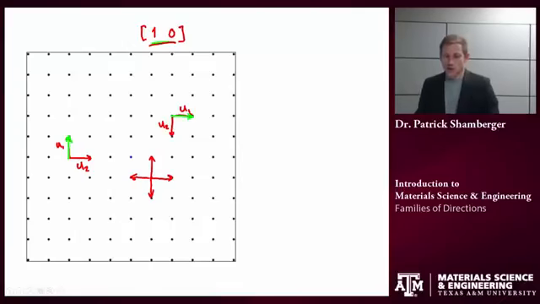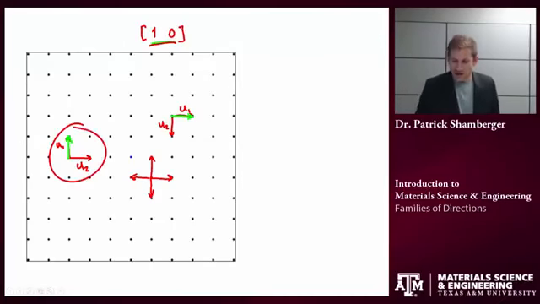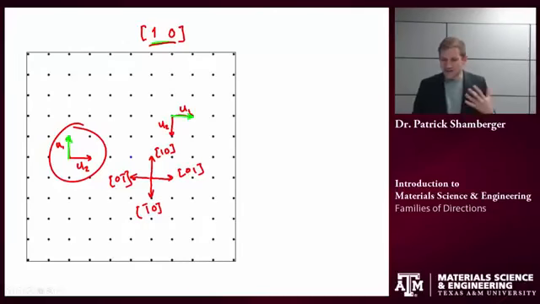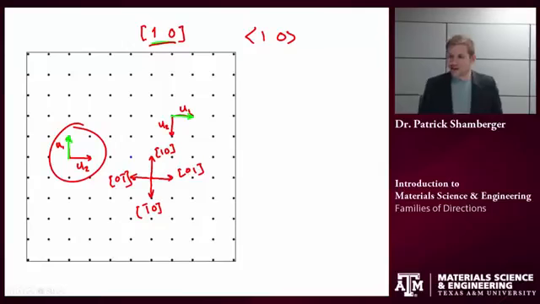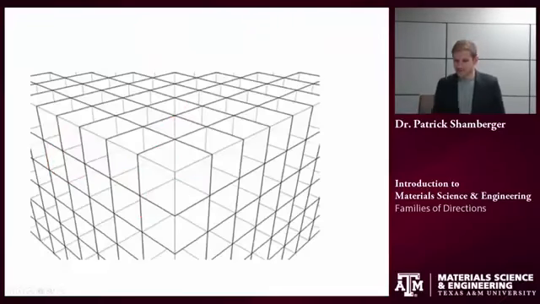If I were to notate these given this coordinate system, this would be 1, 0, 0, 1, bar 1, 0, 0, bar 1. I would say the family of directions is 1, 0. When we write families of directions, we use these angular brackets.